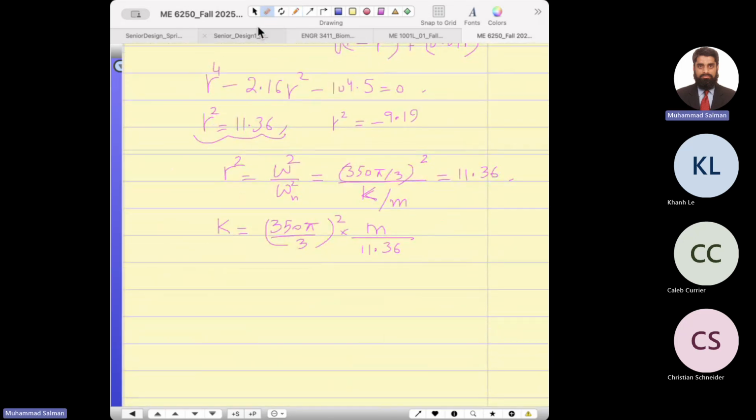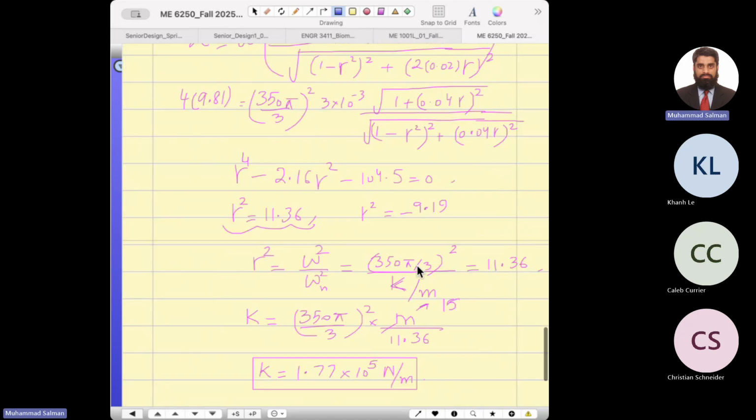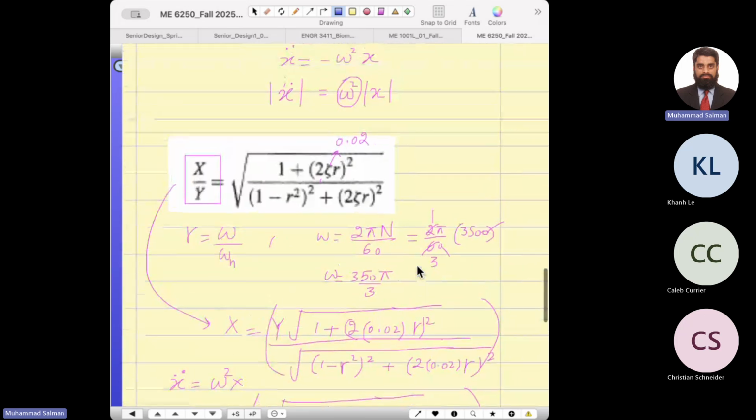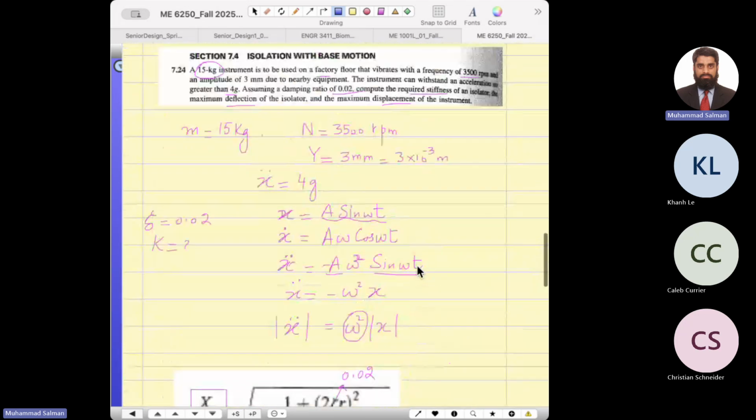So if you solve for this, k equals 1.77 into 10 to the 5 newtons per meter. So you want to find out the ratio r square from this displacement transmissibility that gave you this answer.